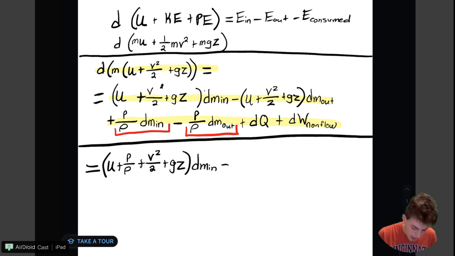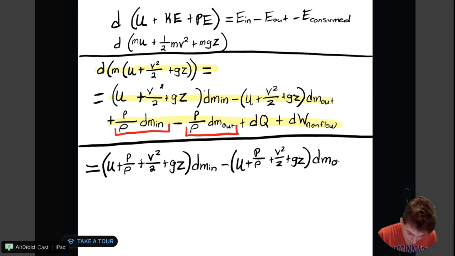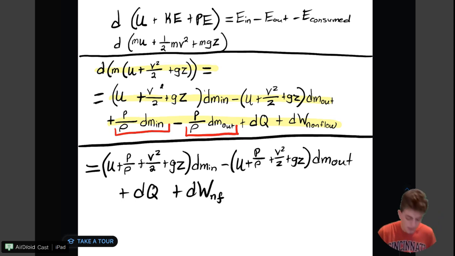So that's going to be our in energy, and then we can factor out this negative sign and throw it in here. This is going to be our out. And then we're adding to it our differential change in heat and our change in non-flow work. I'm going to abbreviate non-flow as NF for now.